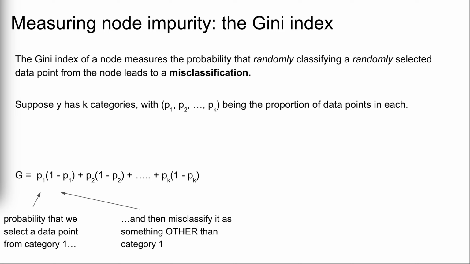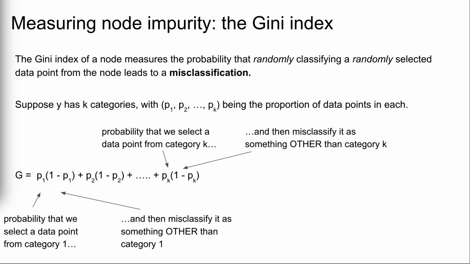We go through this calculation for every category, ending with the probability that from this node, we randomly select a point from category K and then misclassify it as something other than category K. In total then, the sum calculates the overall probability that randomly classifying a randomly selected data point from the node is going to lead to a misclassification.